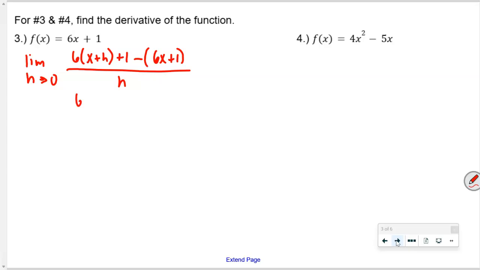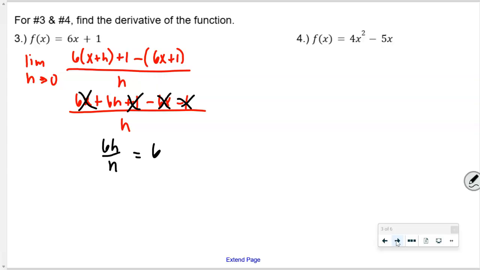So this is going to be 6x plus 6h plus 1 minus 6x minus 1, all over our h. So let's see what cancels out. Now we've got a 6x and a negative 6x, right? We've got a 1 and a negative 1. And then when we divide 6h by h, we just get 6. And that is the answer.